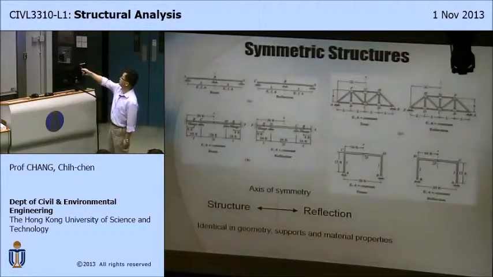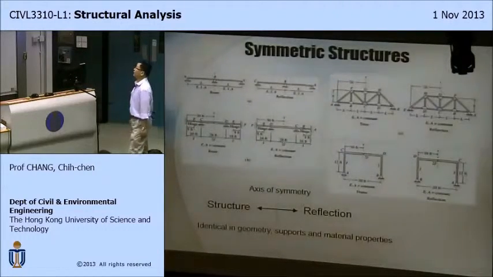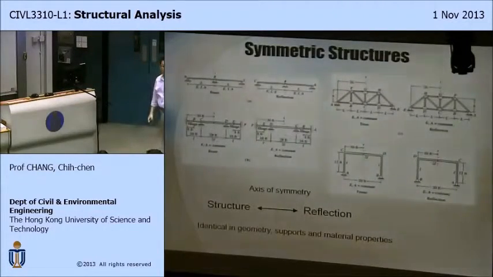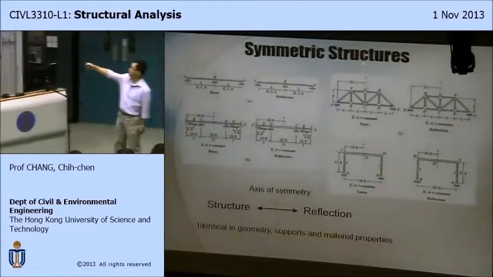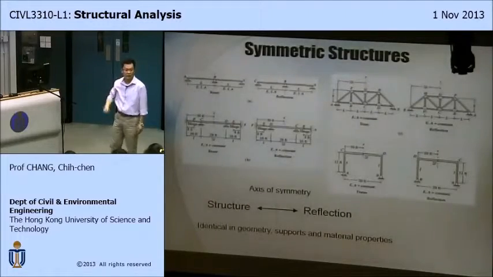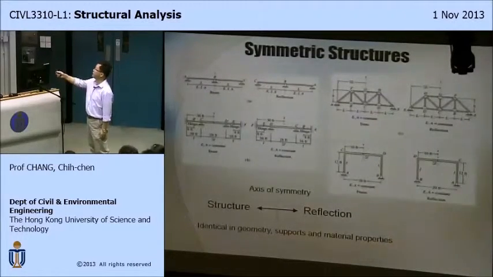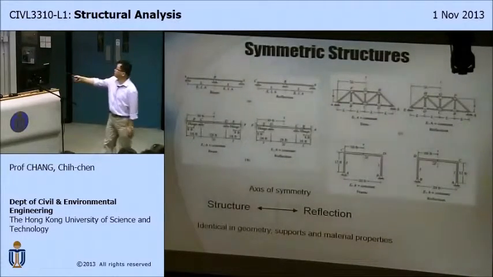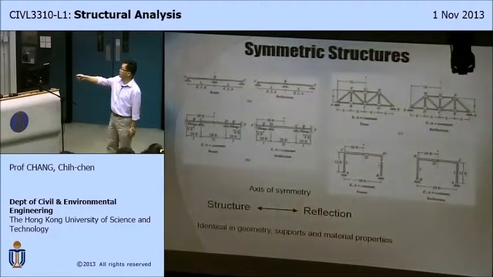Like this, hinge and hinge, a truss structure, and the layout left and right are exactly identical. So the axis of symmetry will be right in the middle. If you flip the structure 180 degrees, they will be the same. And this one, I and 2I, again hinge and hinge.